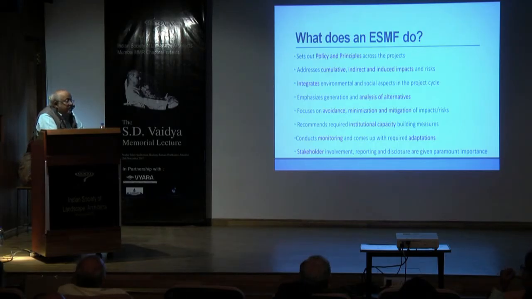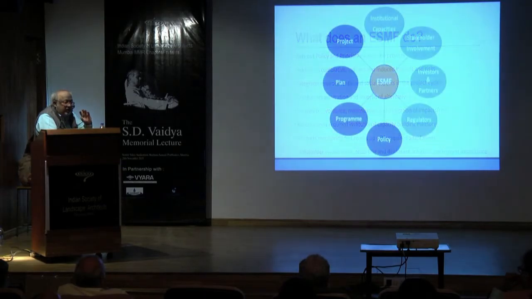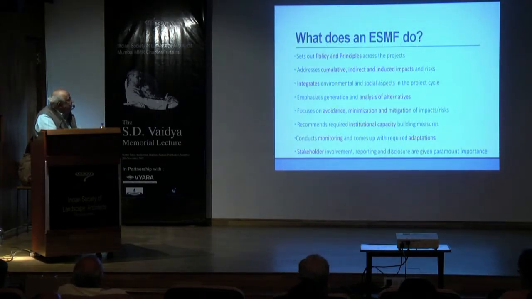They recommend building of institutional capacity for delivery. And they have a monitoring component which comes up with required adaptation. And most importantly, they are all driven through stakeholders, their involvement, and reporting and disclosure are given paramount importance. So that's the whole advantage of setting out a framework.